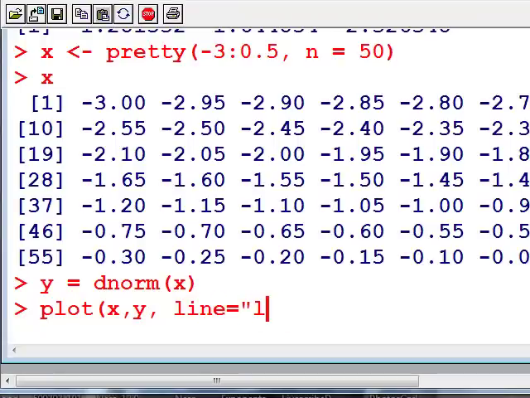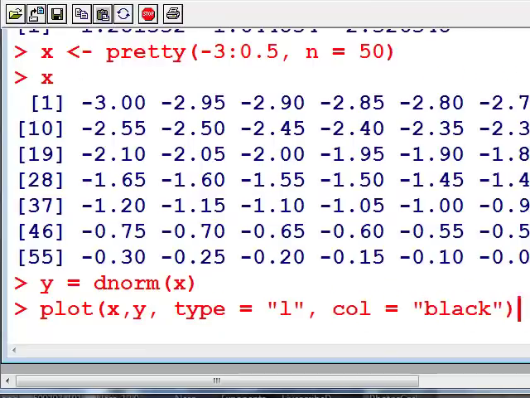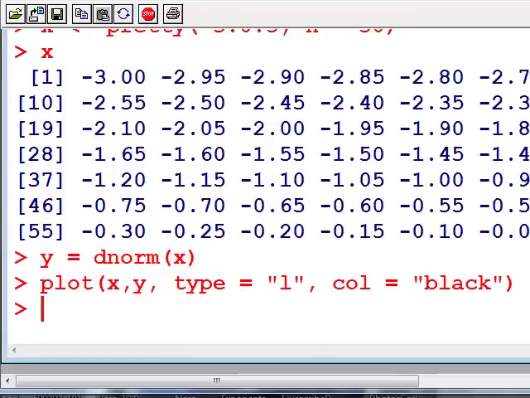Oh, sorry, type. There's columns. And we can put the same AB lines on there, but I'll just put one on here, which would be your z alpha.